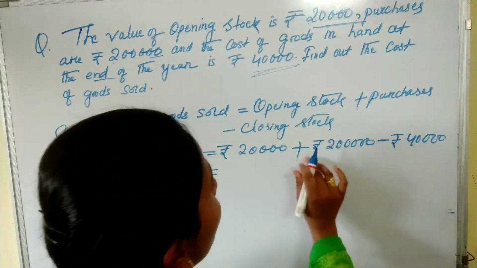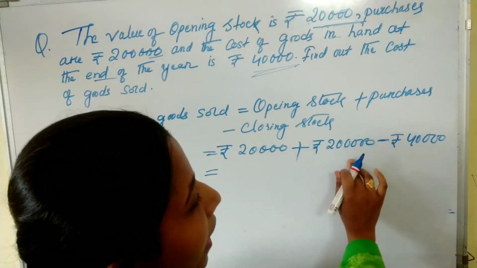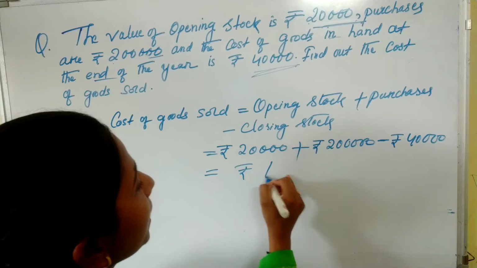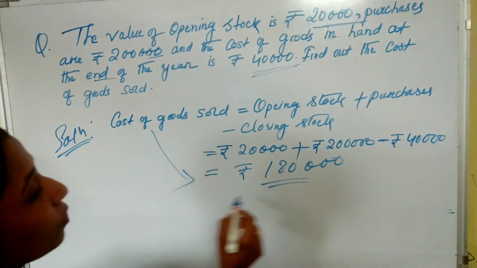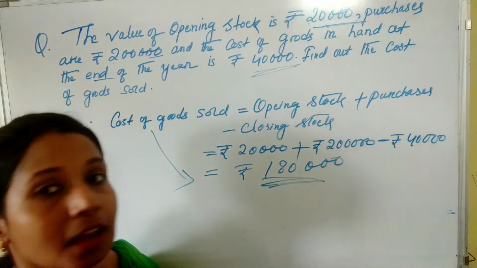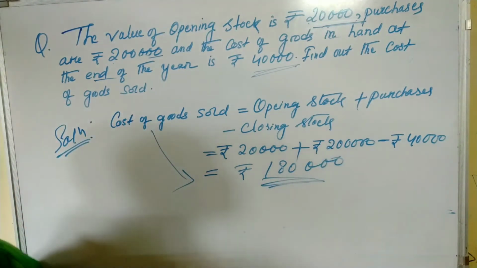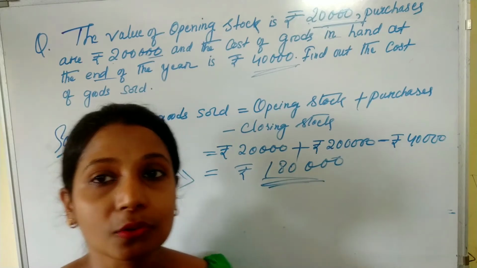After calculating 20,000 plus 2 lakhs minus 40,000, we get 1,80,000. So cost of goods sold is 1,80,000.